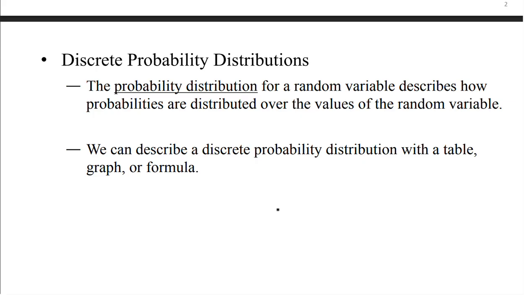The probability distribution for discrete random variables is basically a description of how the probabilities of the values are spread. We are spending time to look at how the values are distributed for that discrete random variable.